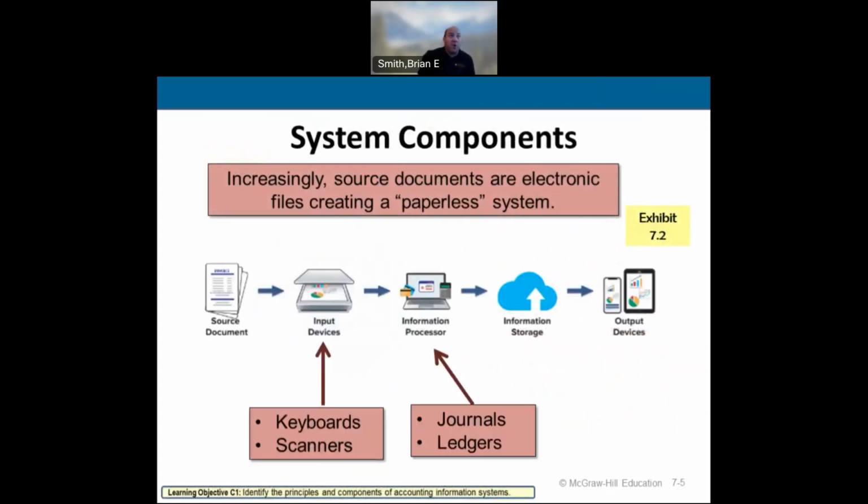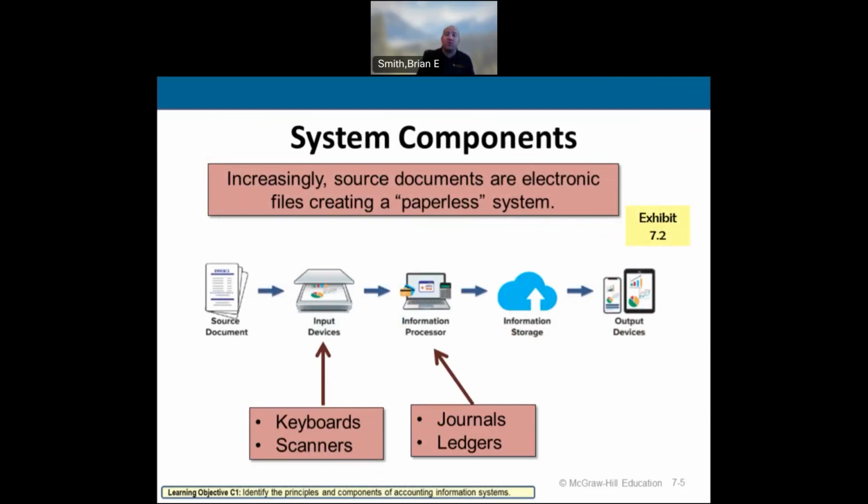Here are some system components. These are some of the things you need to know. Source documents, those are invoices, statements, bills you get in the mail, bank statements. Input devices: scanners, keyboards, anything that would input the information into the system. Information processor. The information processor is not necessarily your computer processor, like a lot of you IT people are thinking right now.